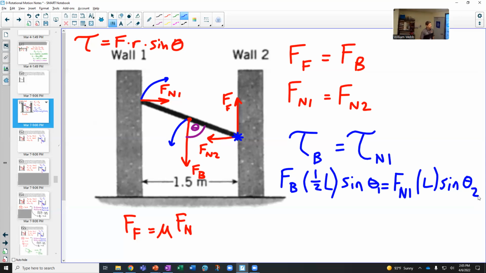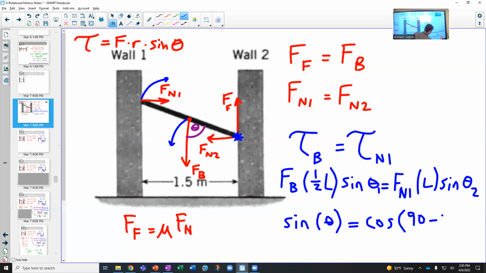There is a relationship, and I don't remember the exact way you see it in the theorems and postulates, but basically the idea is if I have the sine of an angle, that's going to be equal to the cosine of 90 minus that angle. It's the complement, right?